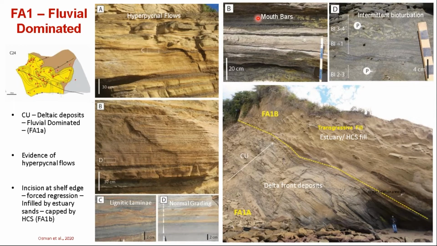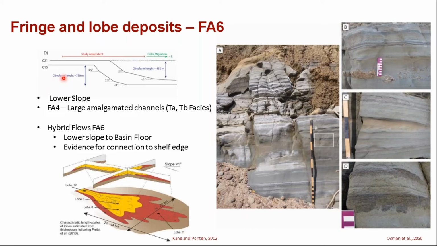So you see times where it almost has absolutely no bioturbation to then strong bioturbation again. And this is common in fluvial dominated deltas, where maybe you get times of flooding on your delta front, which results in a very stressed environment, followed by more quiescent times, resulting in more bioturbation. So we see apparently strong fluvial evidence on our delta.